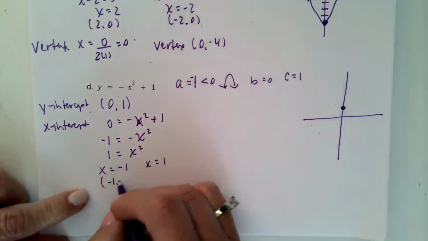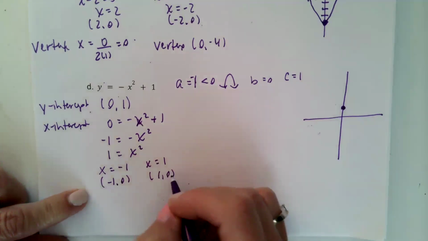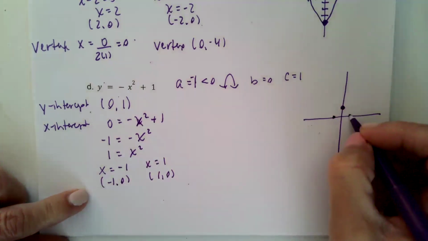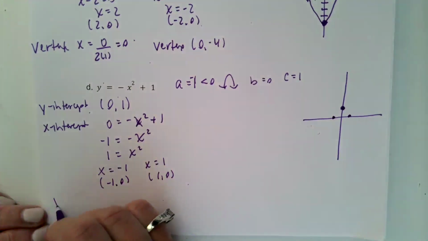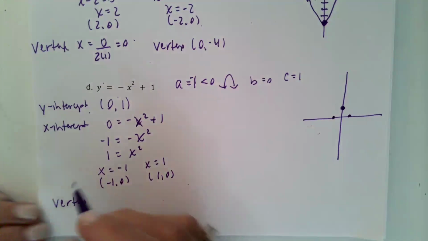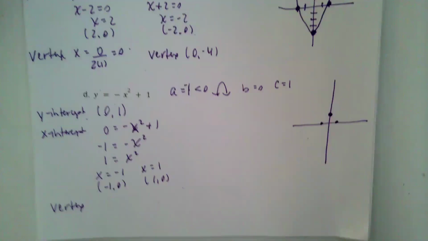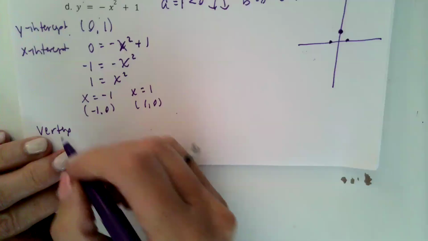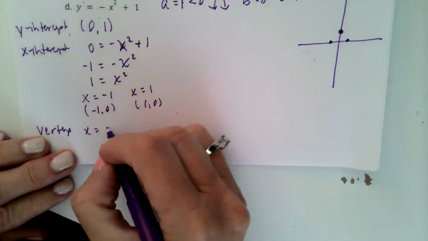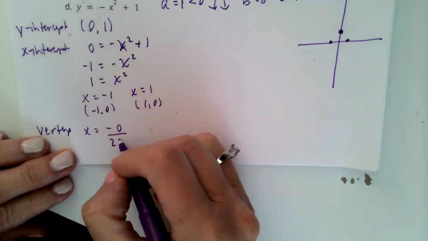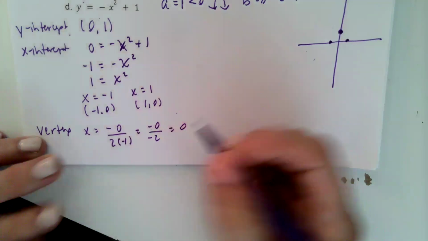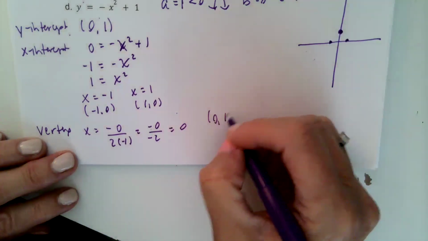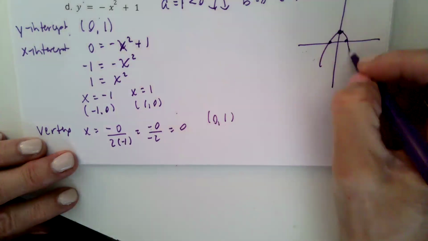So those are my x-intercepts. And then on my vertex, I'm in the situation I was before, because B is 0, my x coordinate on my vertex is the opposite of 0 over 2 times negative 1. So it's 0. So my vertex is at (0, 1). So it looks like this.